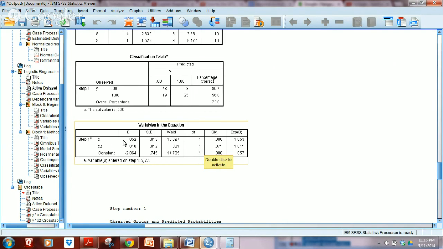So we're looking at the X. We're seeing with our unstandardized B that it is a positive correlation, and we're going to be looking at our Wald score, which is significant.